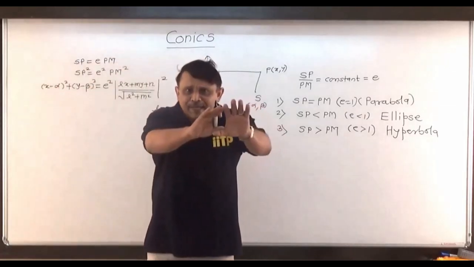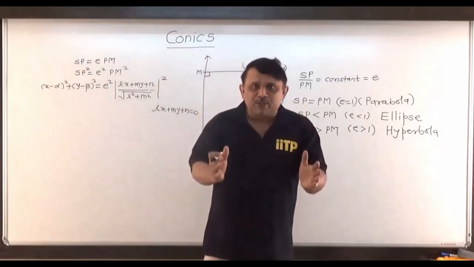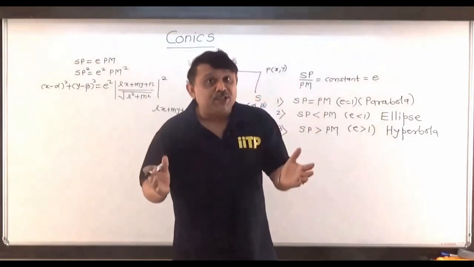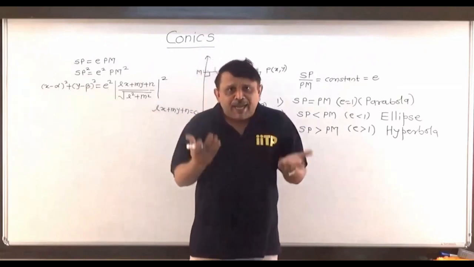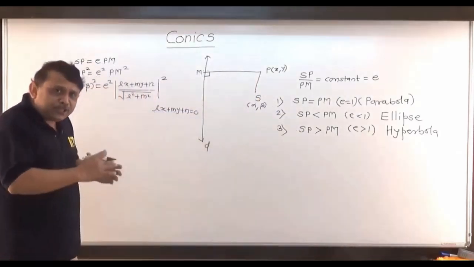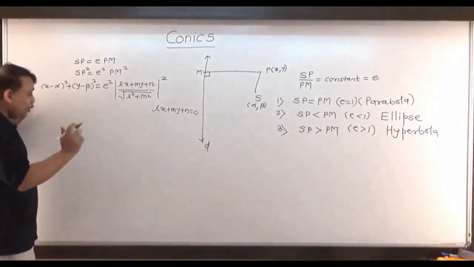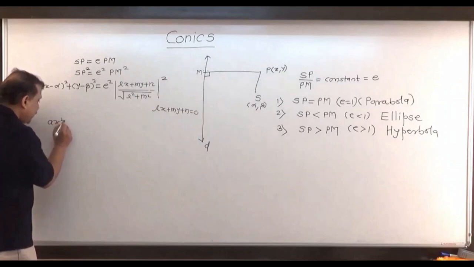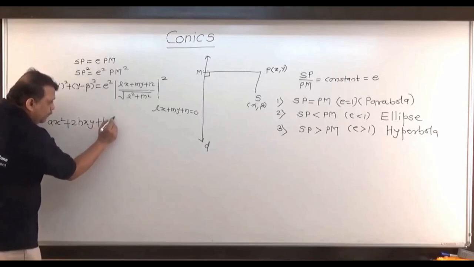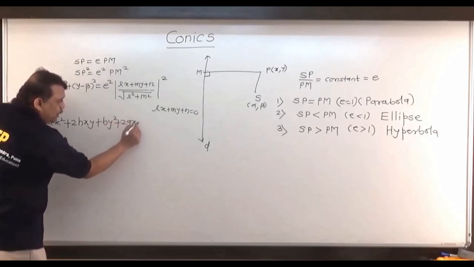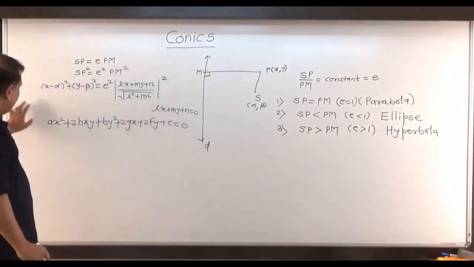So the moment I am getting in this equation a term in x square, y square, xy, x, y and a constant, this equation can be written in general as a second degree equation in x and y, which I can give as ax square plus 2hxy plus by square plus 2gx plus 2fy plus c equal to 0.